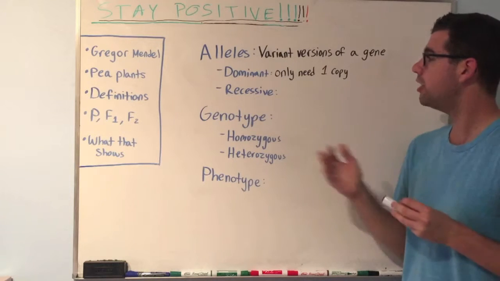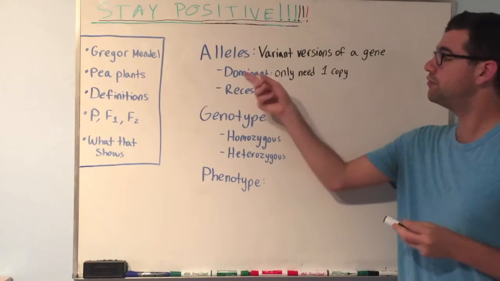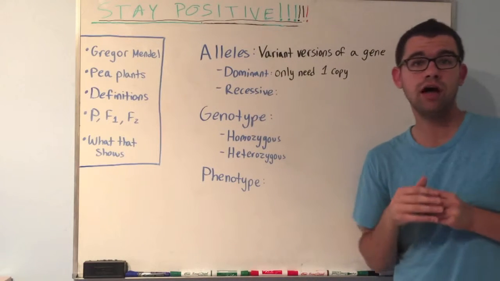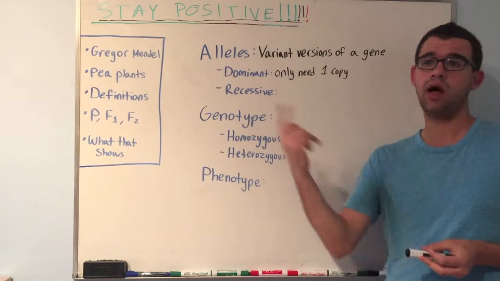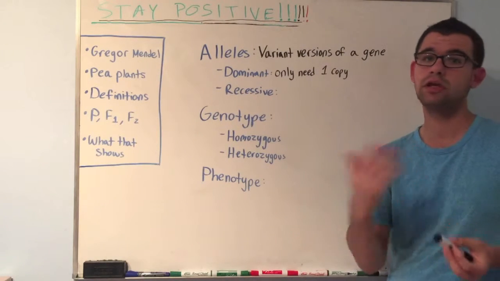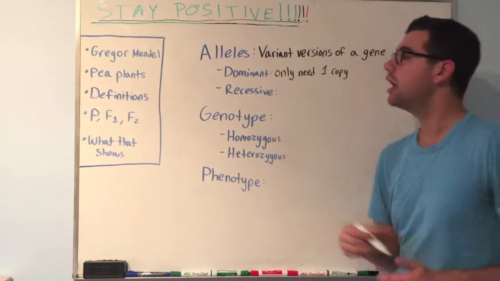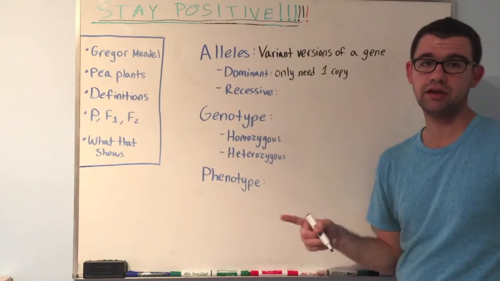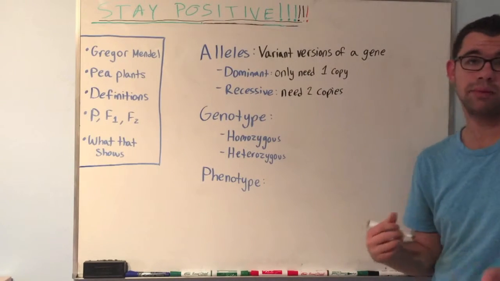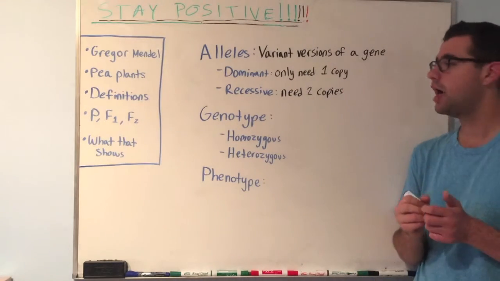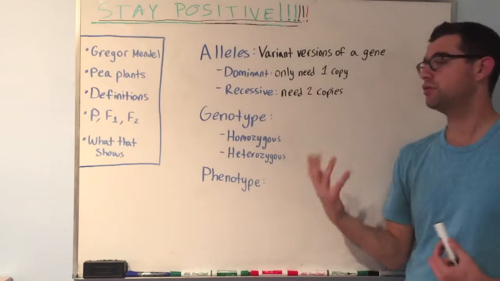And so your mother and father will each give you an allele for a given gene. So in the case of a dominant trait, you only need one, right? So if your mom gave it to you, that's all you need. You don't need both. Whereas with a recessive trait, you need both recessive alleles in order to express that trait. Okay, so you need two copies. Mom and dad both have to give you a recessive allele in order to express that trait, like eye color, for instance.